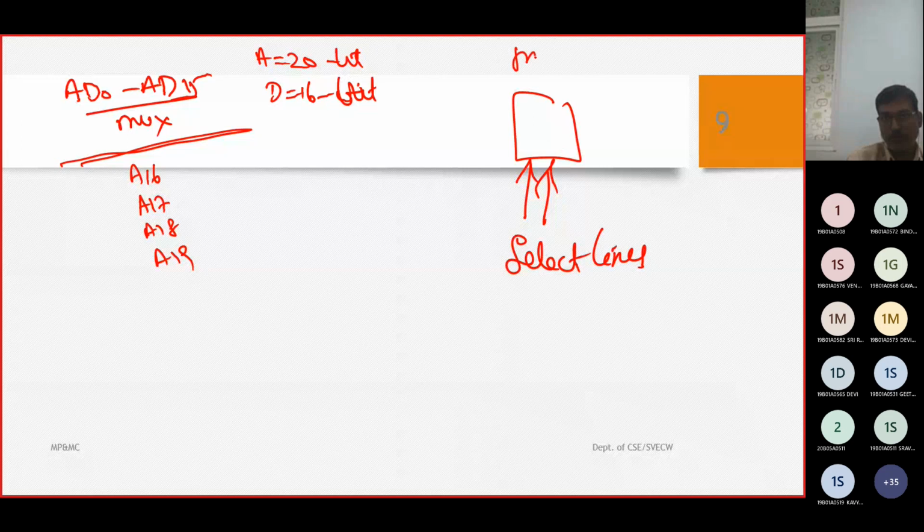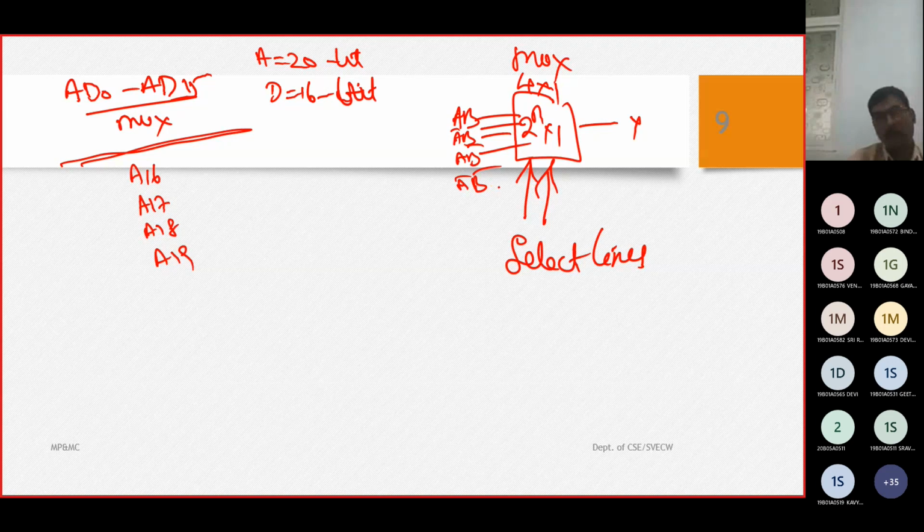So we are going to use a multiplexer, and this multiplexer is going to be 2 power n into 1. So I'm going to say 4 by 1. So I can say AB, A bar B, AB bar, A bar B bar. Then it will be any one of them, right? This is the definition of a multiplexer. So to generate 4 input lines, there should be 2 select lines.